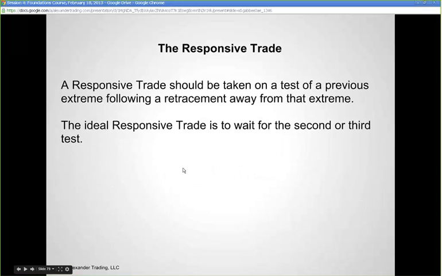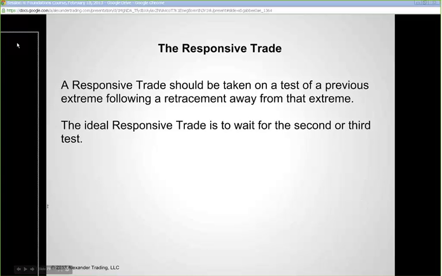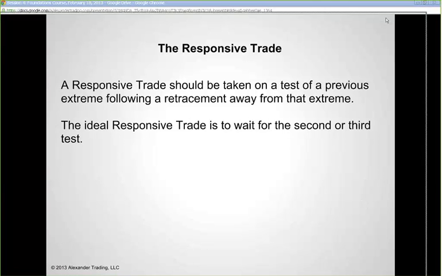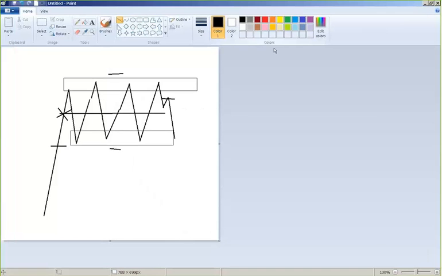Okay, your responsive trade, the ideal responsive trade is to wait for this second or third test. You don't want to be trading this or this.